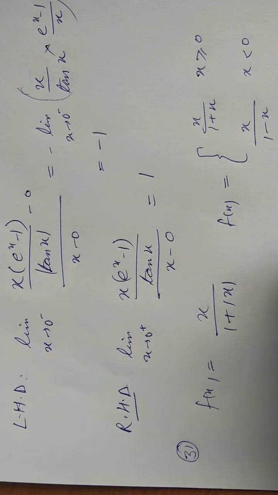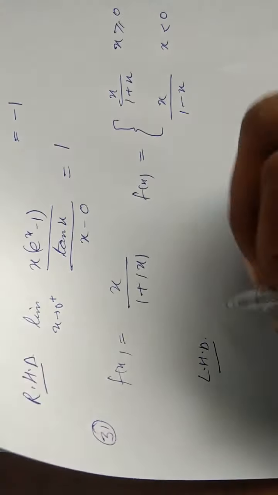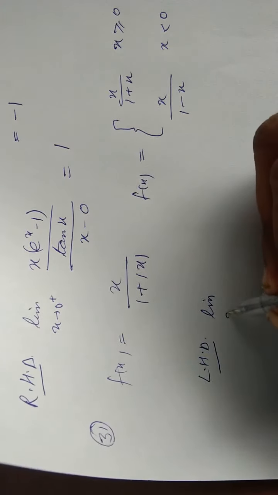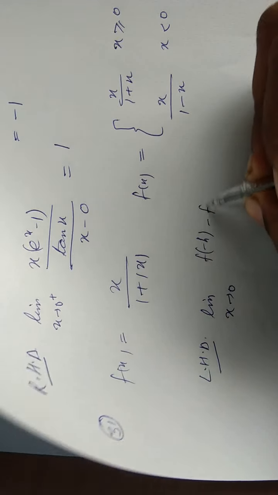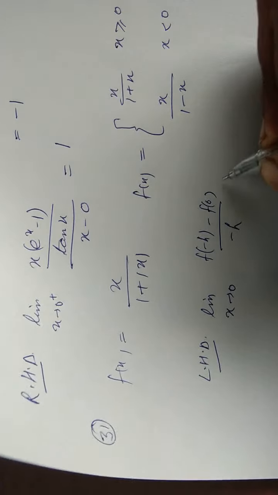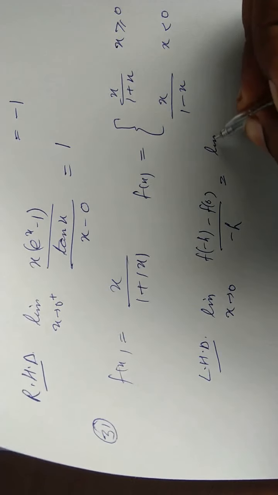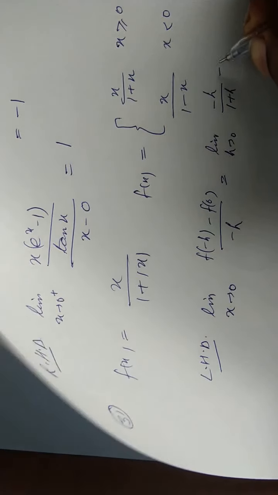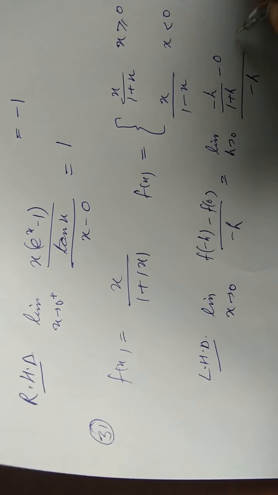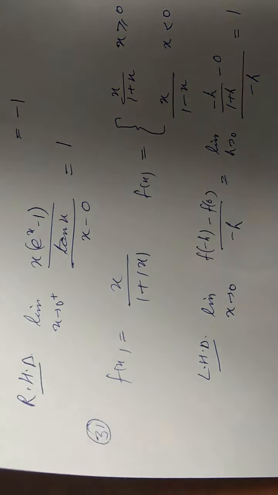For LHD, limit h tends to 0 of f(minus h) minus f(0) upon minus h, which is minus h upon 1 plus h minus 0 upon minus h, which comes out to be 1.